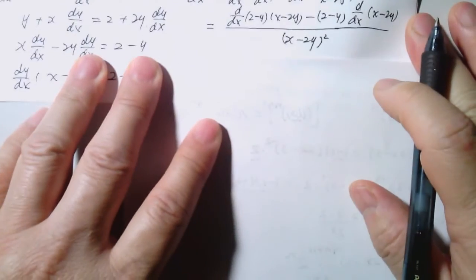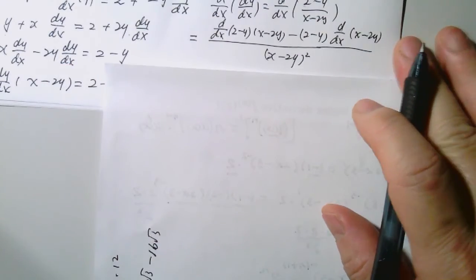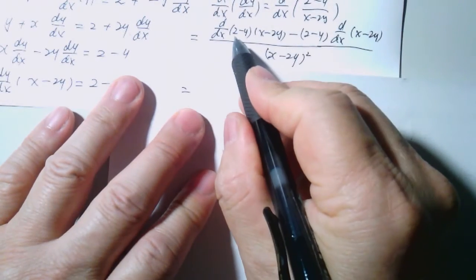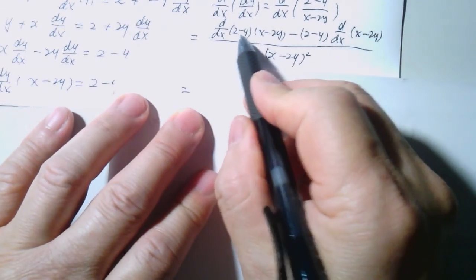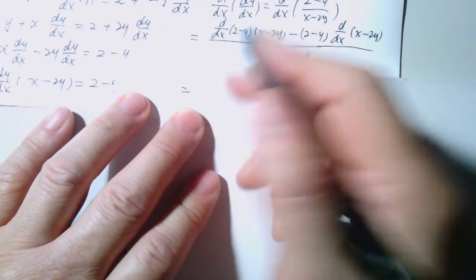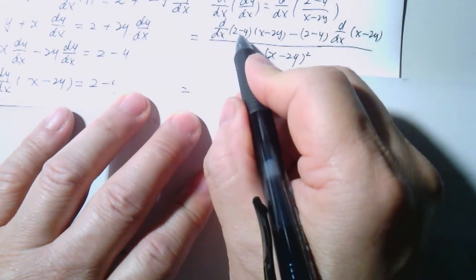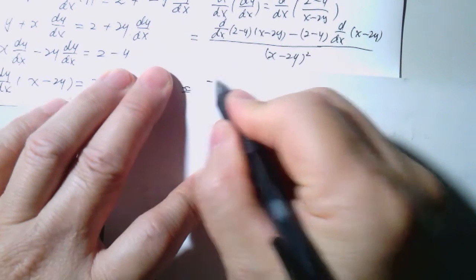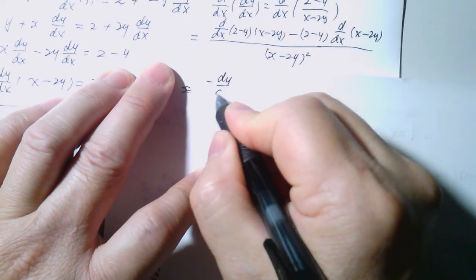Okay, so now I'm going to finish the quotient rule here. So the 2 minus y derivative: 2's derivative is 0, so negative y's derivative is simply negative dy/dx.